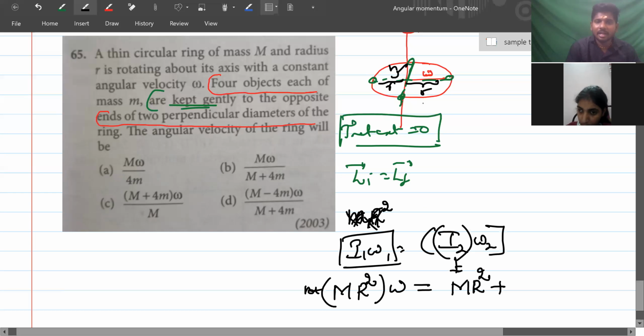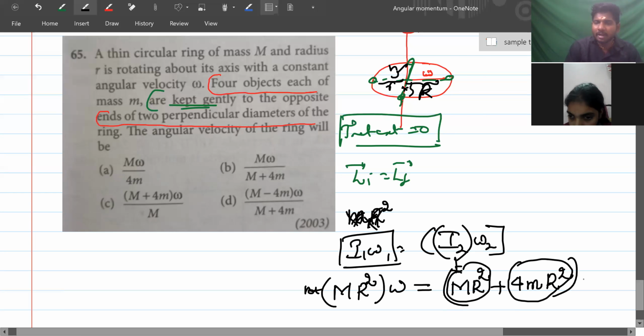I took the radius as capital R. So the total moment of inertia is MR square plus 4mR square, into omega 2.